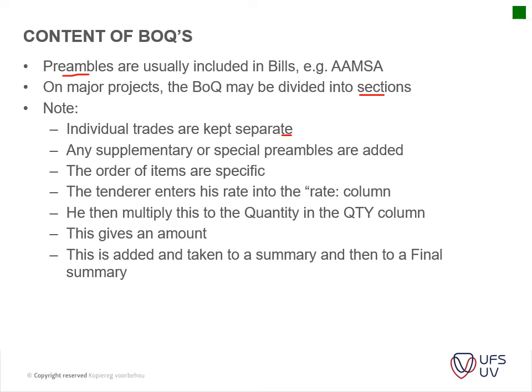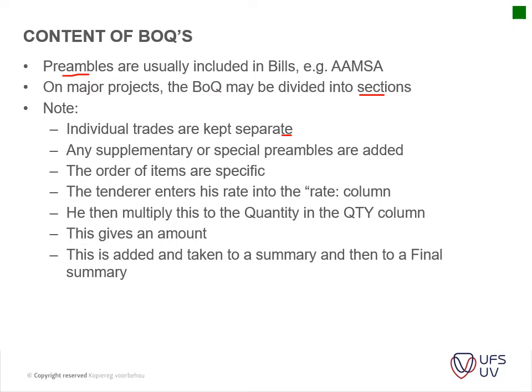So what it basically states is you try and keep your trades together. You try and group your items together. So if you've got pipe work, you will try and keep your excavations for that pipe work together with your plumbing and drainage.